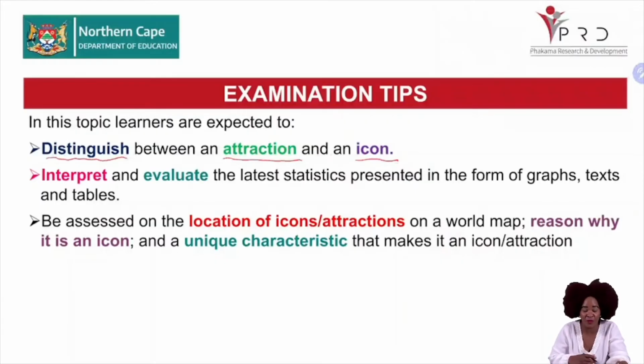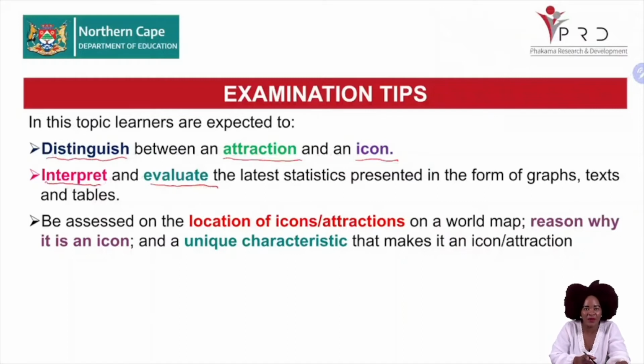It is very important. Interpret and evaluate the latest statistics presented in the form of graphs, text, and tables. So you must expect all of these in your question papers. We don't know which one is going to be there exactly, but you must know how to interpret and also evaluate the latest statistics.